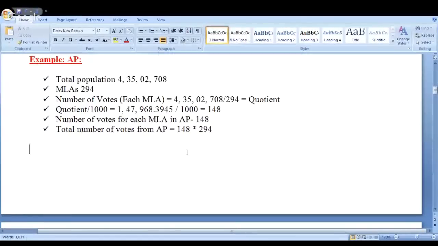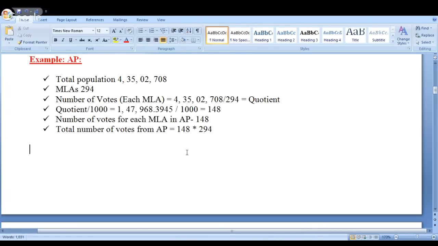Look at this now. Total population of Andhra Pradesh as per 1971: 4 crores 35 lakhs 2,708. Number of elected MLAs: 294. And the number of votes of each MLA, how do you get it? You have to divide the population by the total number of elected MLAs, and you are getting some quotient, and that you should divide by 1000.